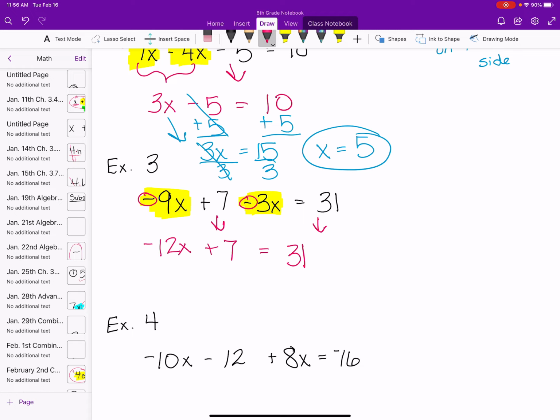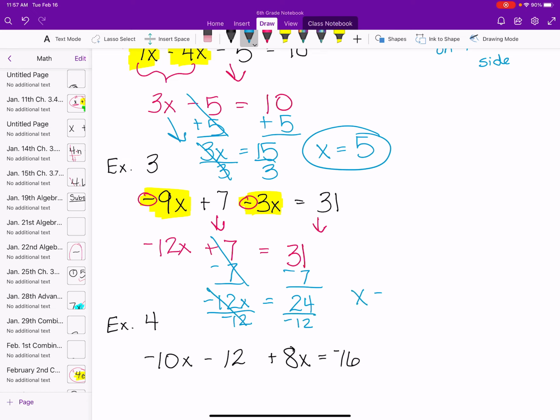Now I need to get x by itself, and I need to do the opposite of adding 7 first, which is subtracting 7. So I'm going to take minus 7 on each side. And now I have negative 12x equals 24. The opposite of multiplying by negative 12 is dividing. So I'm going to divide by negative 12 on each side.